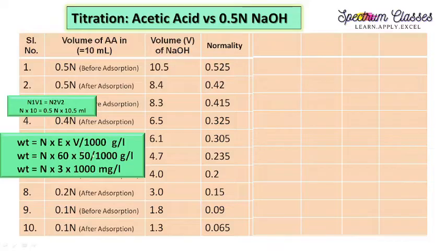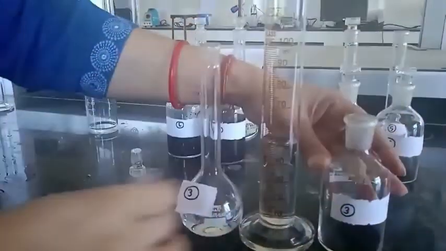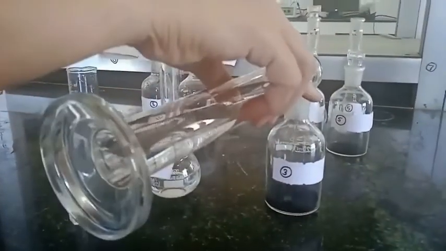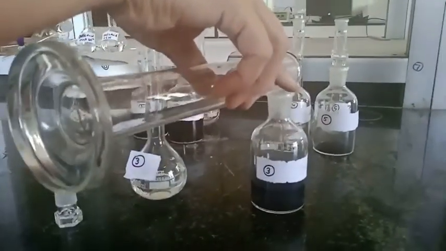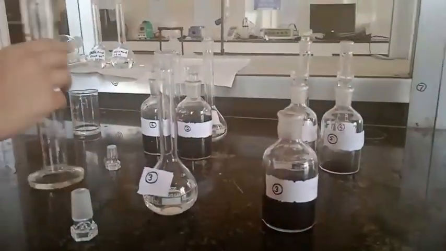Volume is the 50 ml. What 50 ml? This 50 ml which I have taken in the measuring flask, I'm just showing you here. Here is the 50 ml. 50 ml I have taken for the adsorption, right? So according to this 50 ml, I have to calculate the weight.